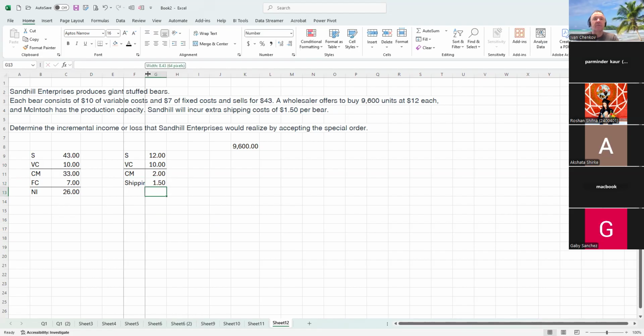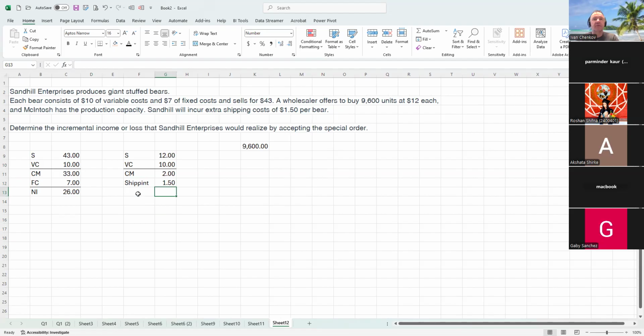So if I add the 1.50 cost to the contribution margin, where am I? 50 cents. So net income here will be only 50 cents times how many I'm selling, 9,600 times 50 cents. That's 4,800.